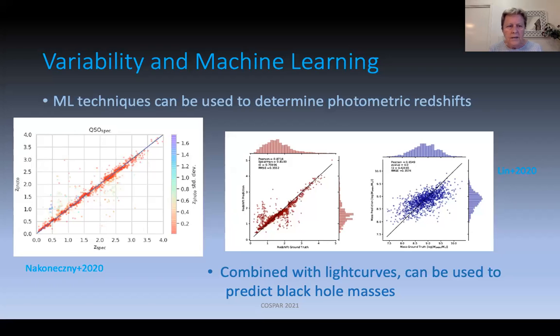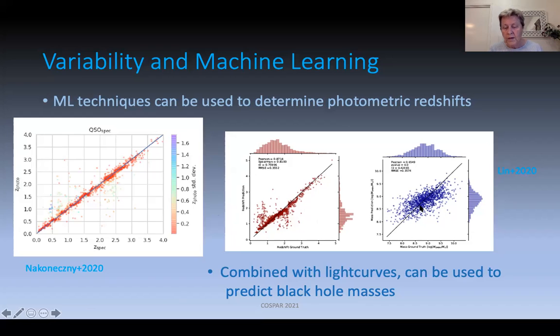Just briefly, I want to mention that people have now started to use machine learning techniques to measure photometric redshifts quite successfully, as you can see here on the left, and then to use those photometric redshifts to measure black hole masses.